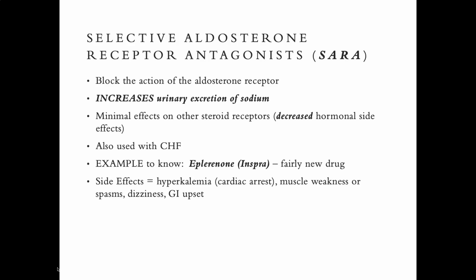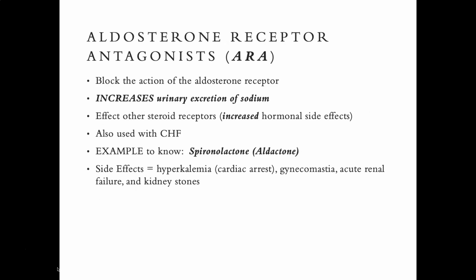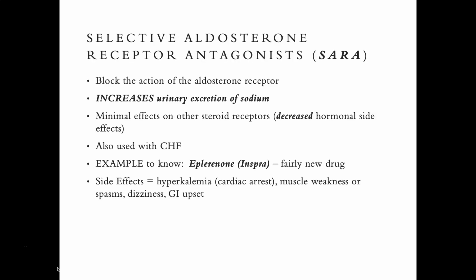Okay, so ARA and SARA are identical in blocking the action of the aldosterone receptor. That increases urinary excretion of sodium, but ARA has an increased hormonal side effect. SARA has a decreased.